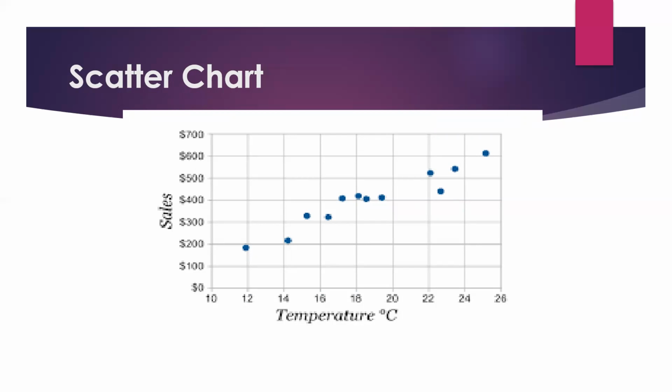Look at this slide, pairs of values. This is the x-axis and this is the y-axis. The first plot is marked between 12 and 200. So on this slide you mark the plots using a scatter chart.